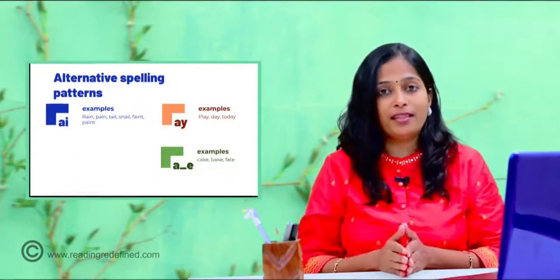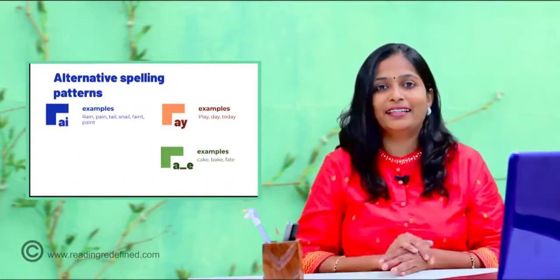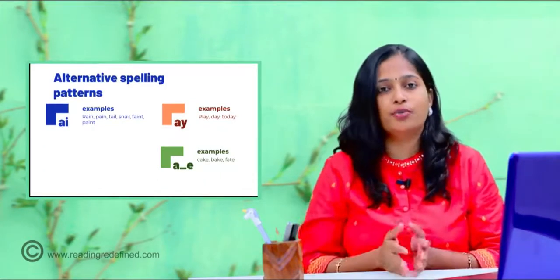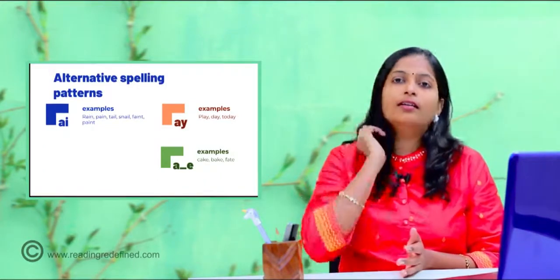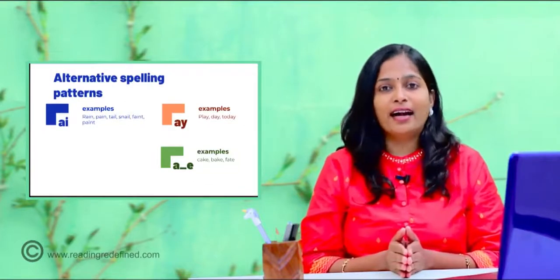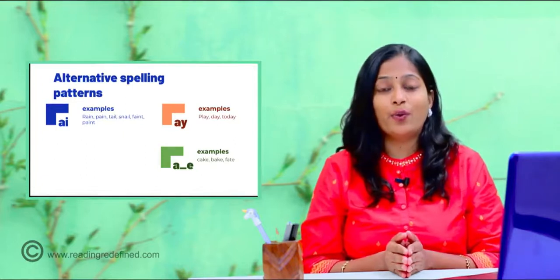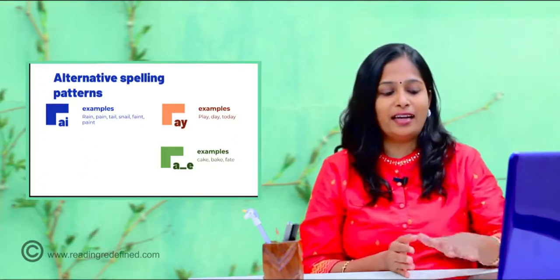So to begin with, A. We'll finish off all the long vowels first and then get into the other digraphs. So A: AI represents A, like AY and A-E.